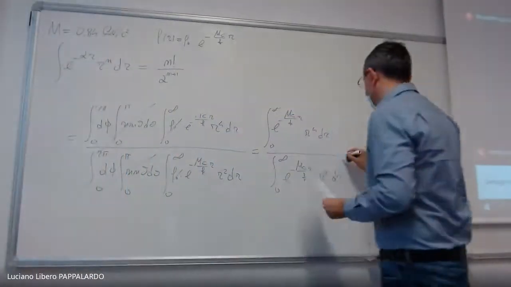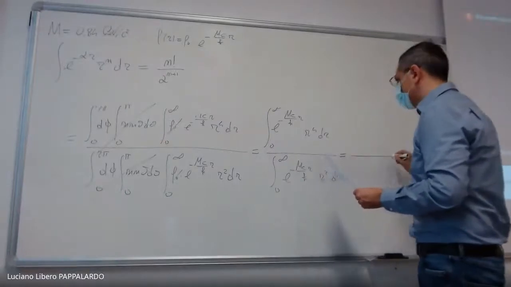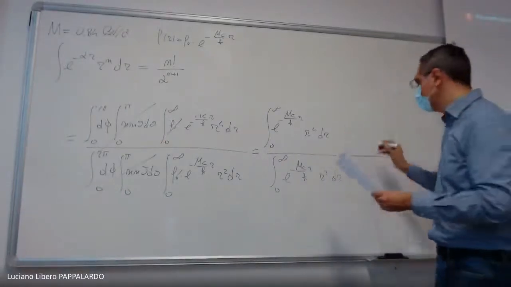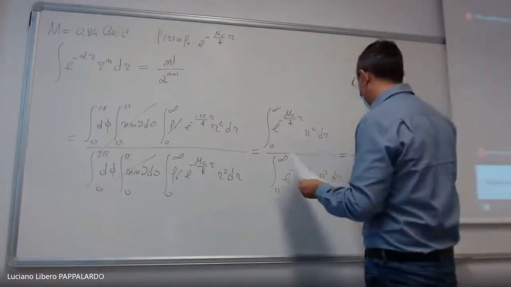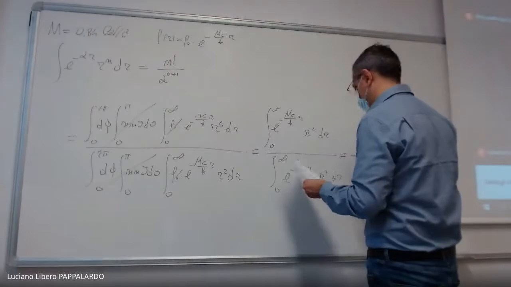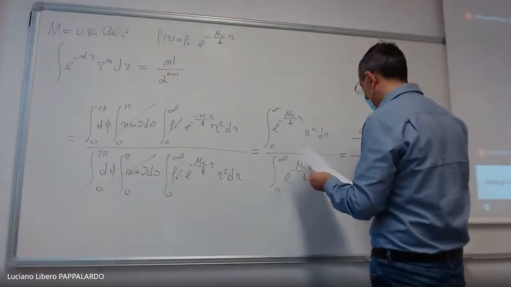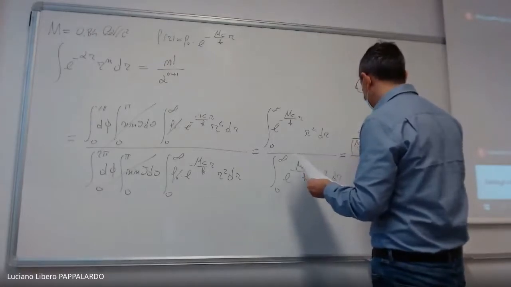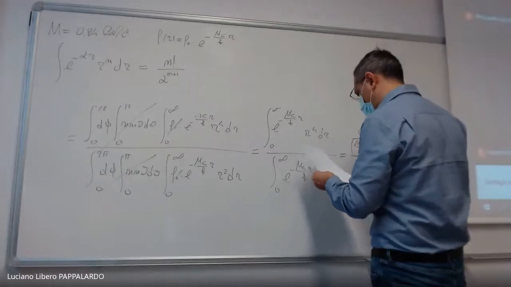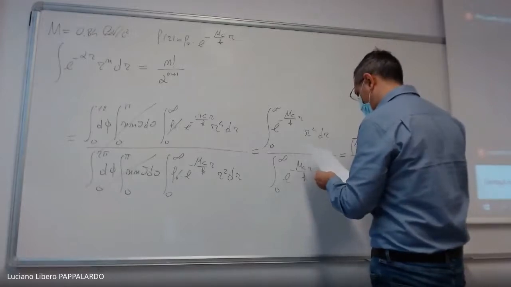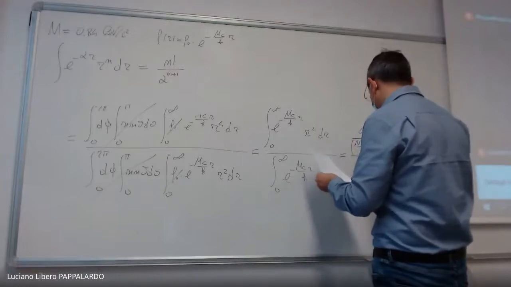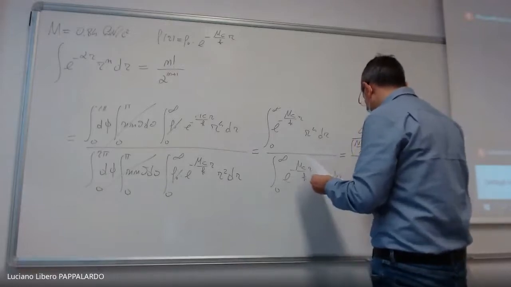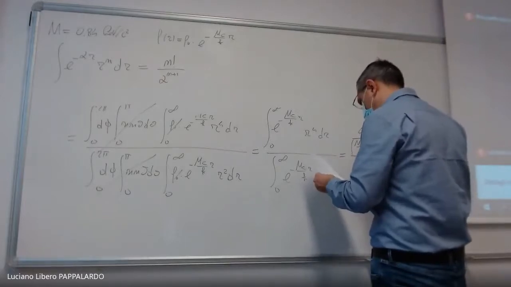And so we can already write down the solution of these two integrals. In this case, n is equal to 4 in the numerator, so this is 4 factorial, and then we have the argument mc divided by h bar to the power 4 plus 1. And in the denominator, n is equal to 2, so we have mc divided by h bar to the power 2 plus 1.